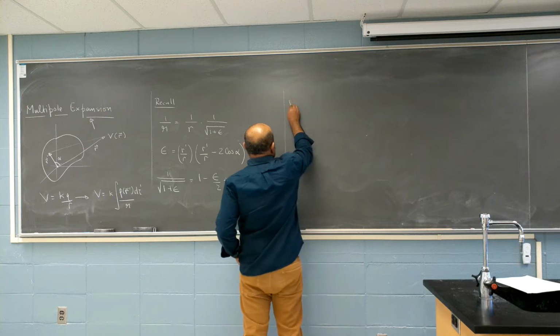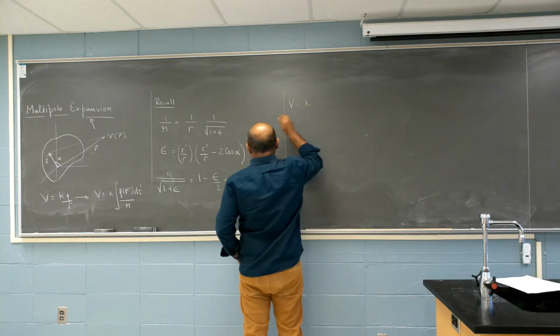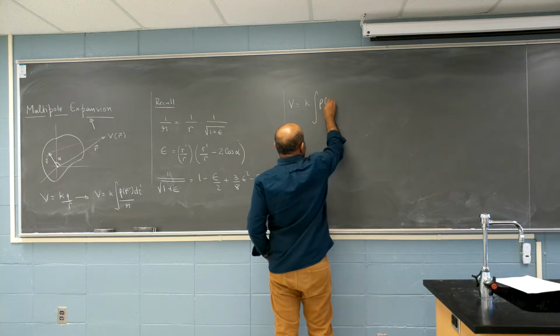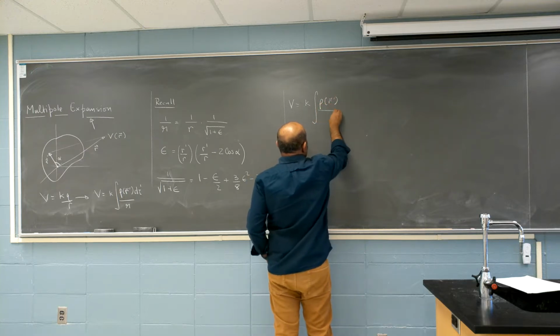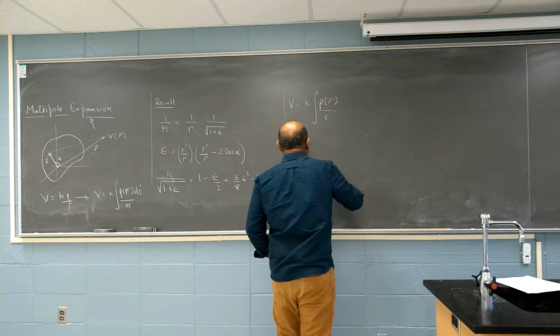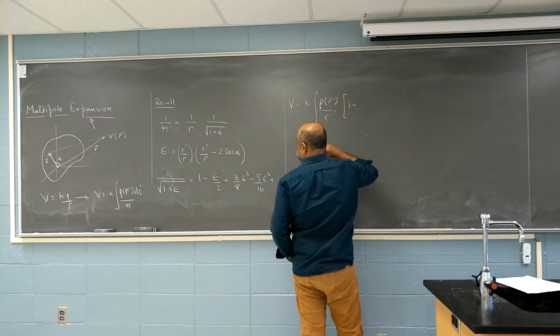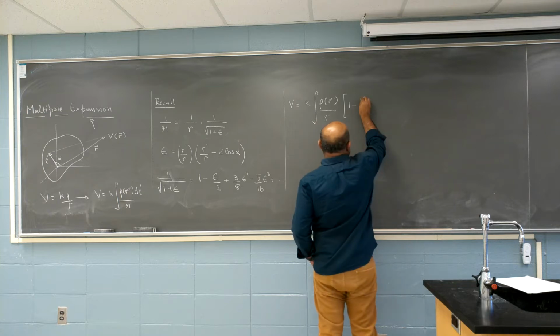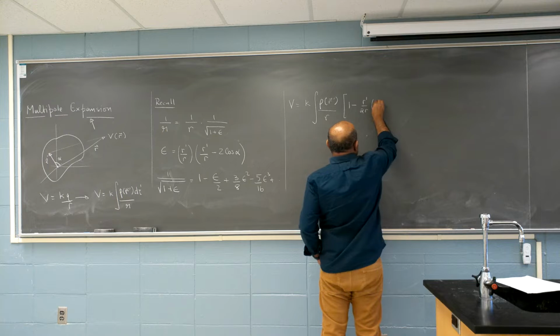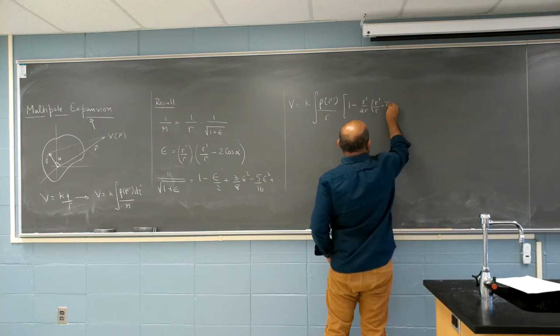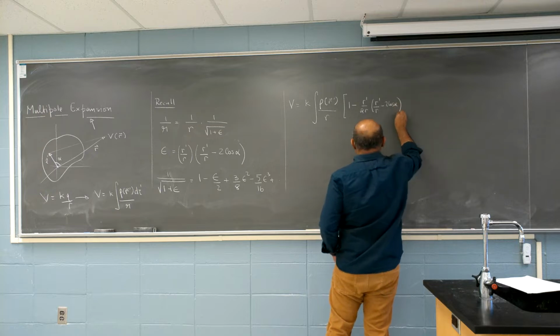So I would have V equals k rho of r prime over r. Now comes 1 minus epsilon over 2, r prime over 2r, r prime over r minus 2 cosine alpha.